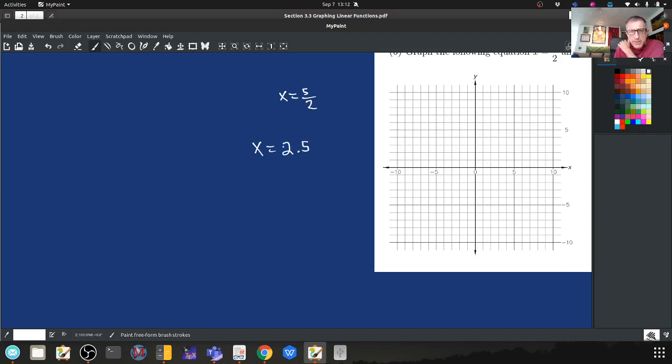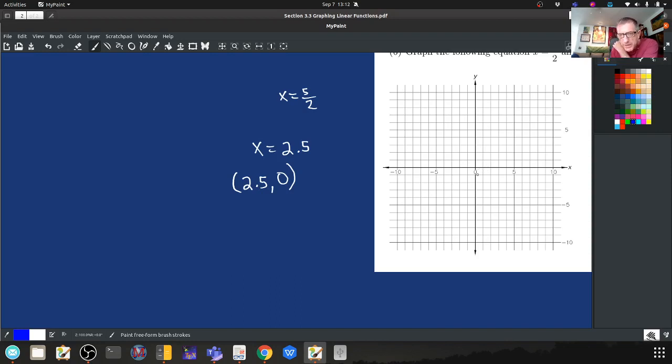That means every point on the line has an x value of 2.5, and the x-intercept is (2.5, 0). And the only reason I'm doing this with 2.5 rather than 5 halves is when we want to locate things on a graph, it's sometimes helpful to have the number line in decimal form.